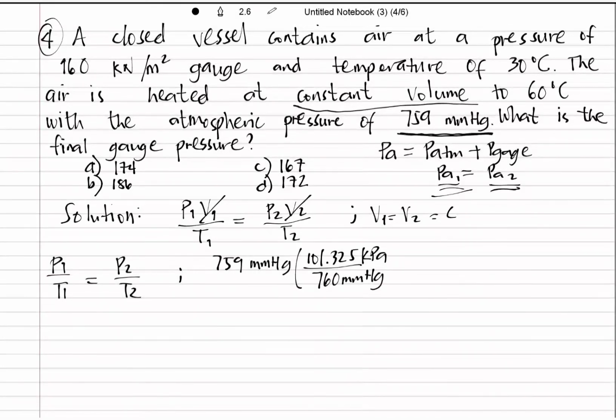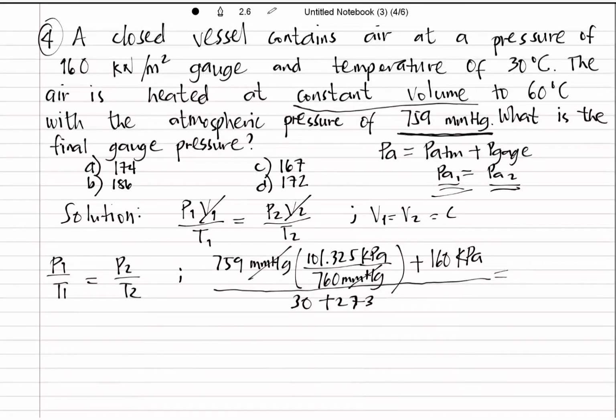So special conversion ng ating pressure. So sa P1 pa lang yan, guys. Magpa-plus ka pa dyan. Ano ipa-plus mo dyan? Plus mo dyan yung 160 kilopascals. So cancel out, cancel out. Yung T1 natin dyan is yung ating 30 degrees Celsius. So 30 degrees Celsius plus 273 para maging Kelvin. Okay? So sa kabilang side, ganun lang din.